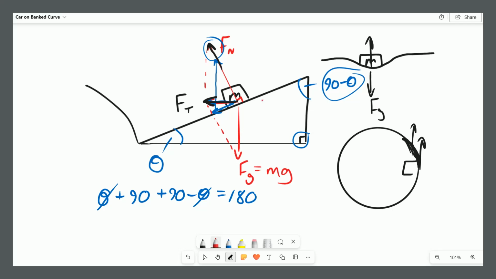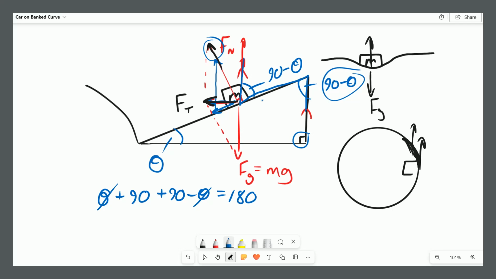Well, let's draw our vertical component of the normal force. We've actually got a Z pattern here, which means this angle here is also 90 minus theta, right? There's our Z pattern.